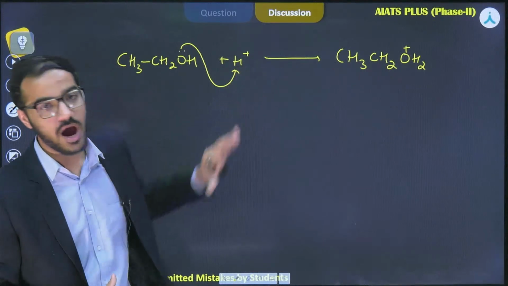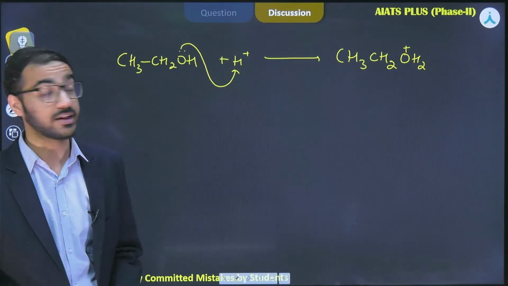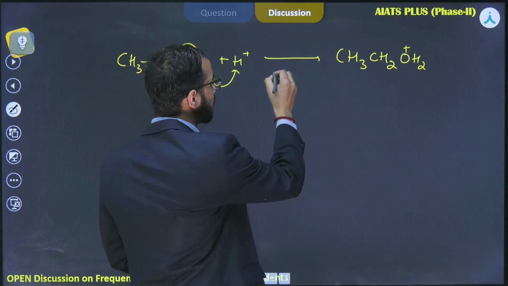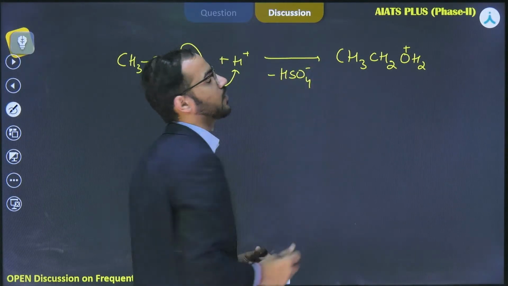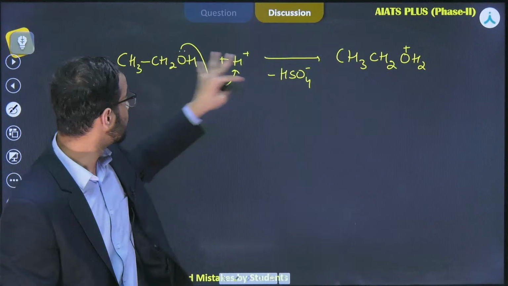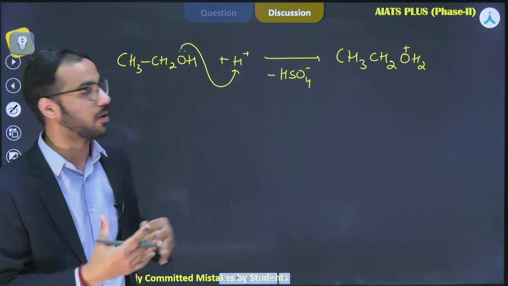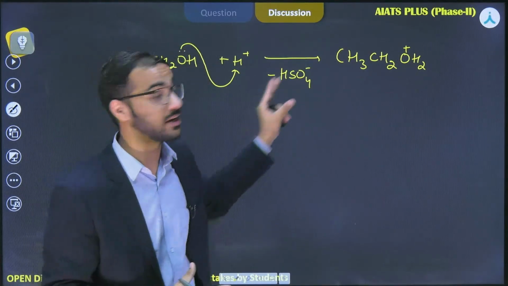Okay, and now you have two possibilities for this reaction. What are they? At the very first instance, you can see there is a presence of HSO4 negative over here, and there is a possibility that ethanol is present in excess, so the leftover ethanol will try to attack at this position.